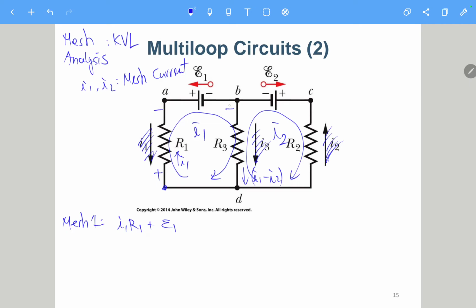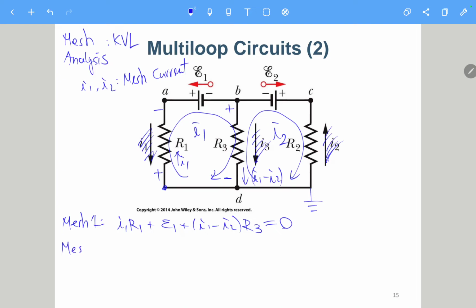So we hope this is positive and this is negative, which means I1 is the positive current and I2 is the negative current for this resistor R3. So we should have I1 minus I2 times R3 equals 0, because it goes back to the same loop. We can also define this one as the ground of the circuit.